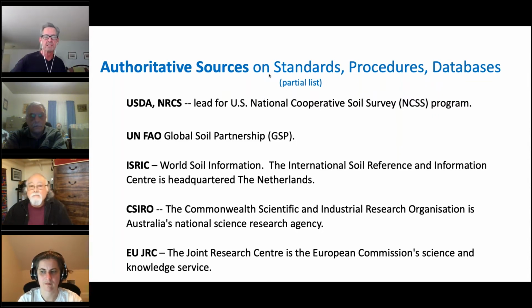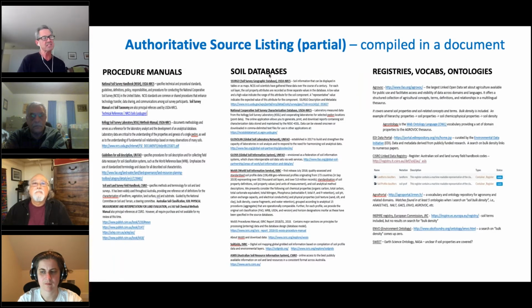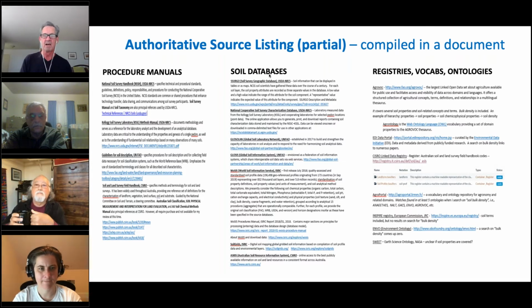So next slide, please. Now, this slide is not intended to be read, so don't try to read it, but it's just an example of what I've compiled in documents, which again, my hope is this is useful to somebody. I did a bunch of searches and did my own homework, and was trying to array things in a matrix to see how definitions or procedures compare with each other.